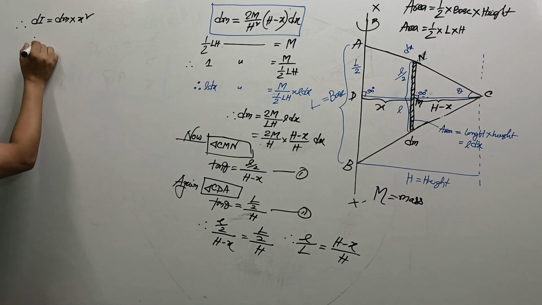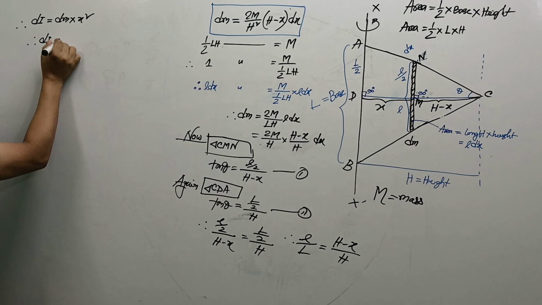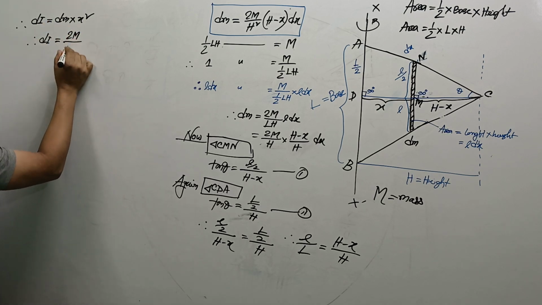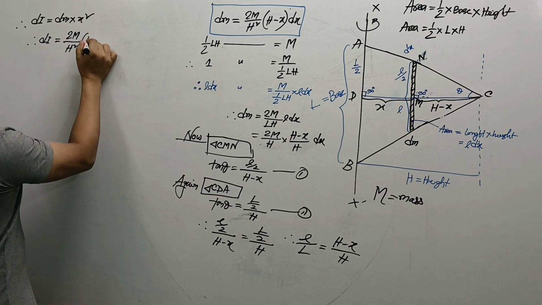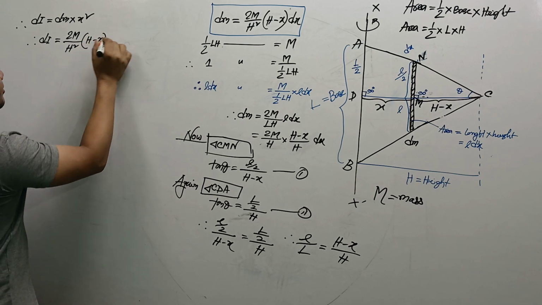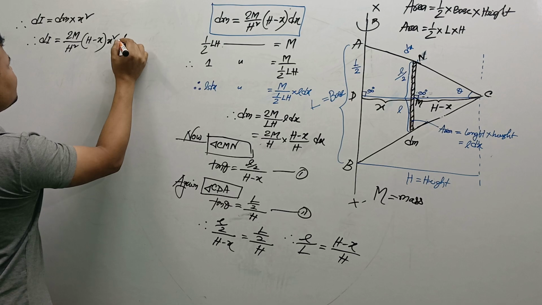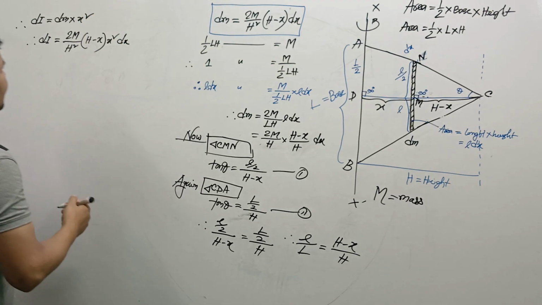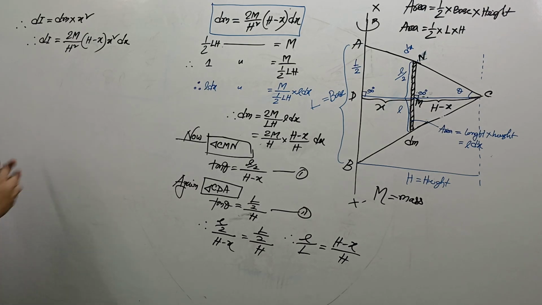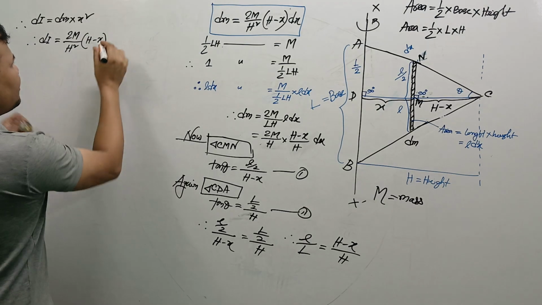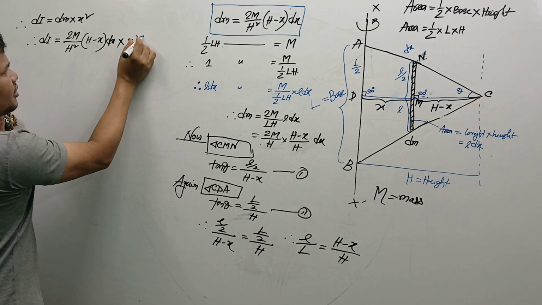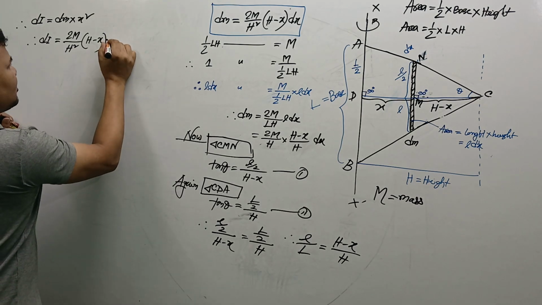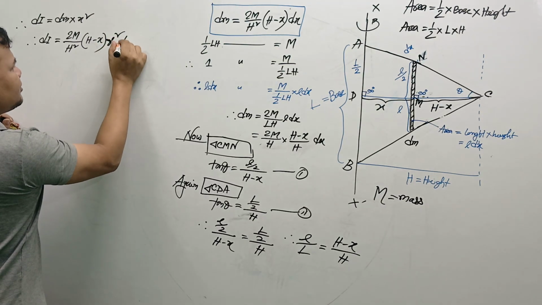Now we put the value: dI is equal to 2M divided by h square into h minus x dx. We rearrange: at first we put dx, then x square is multiplied, so x square dx.